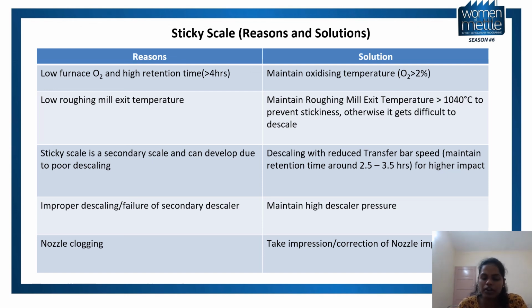One of the most important points is nozzle clogging. We should take that into account and check properly from time to time that the nozzles are not clogged and the descaling is done properly. If we keep in mind all these points and try to gradually improve them, we can reduce sticky scales or rolled in scales in hot roll mills. Thank you for your patient listening.